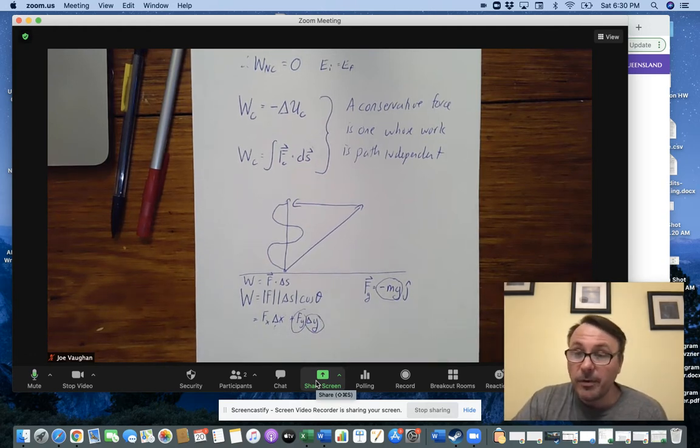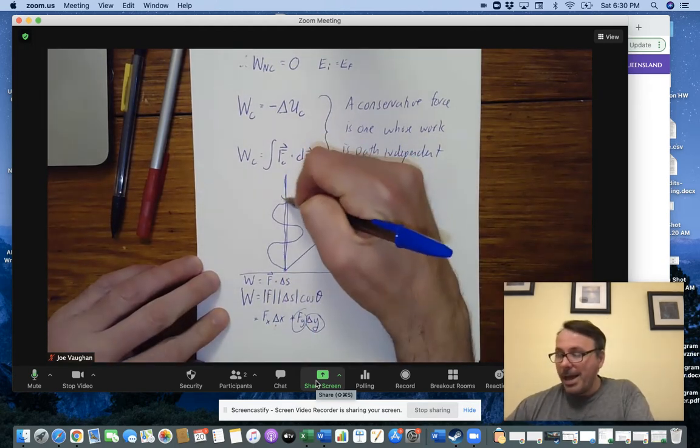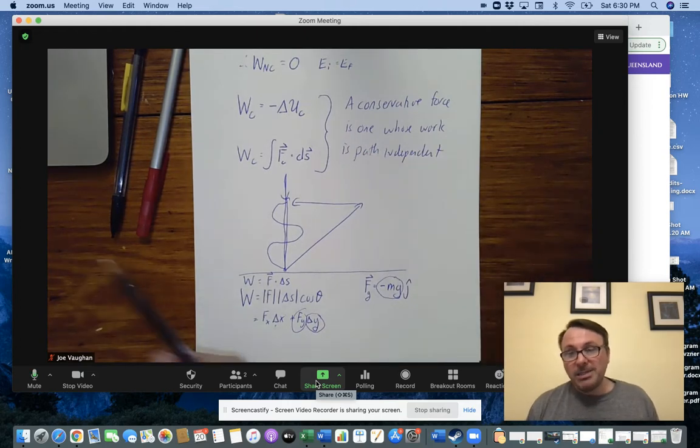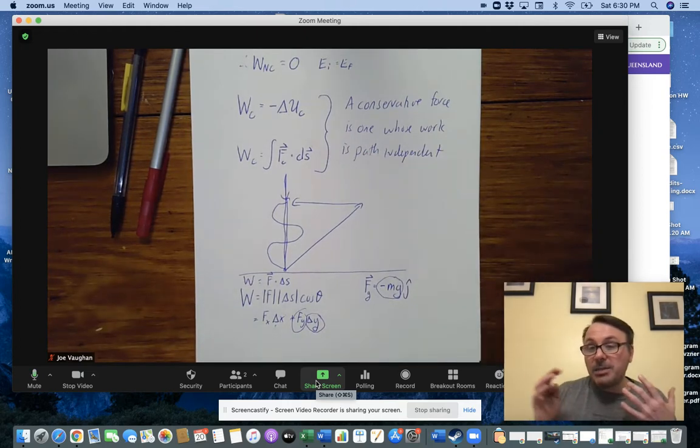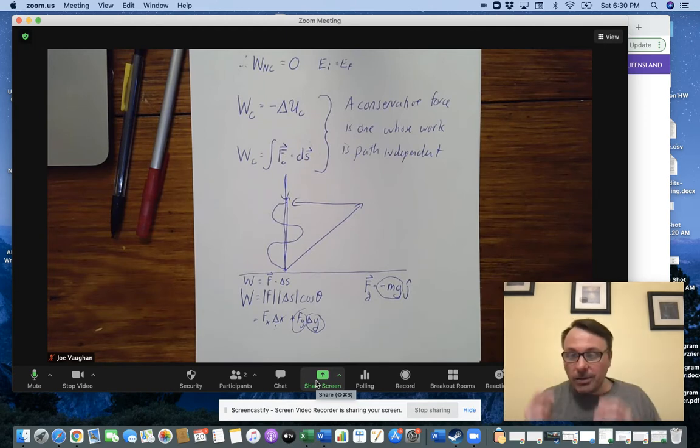Very specifically, the vertical displacement, not the vertical distance traveled. So even if I overshoot it and come back, it doesn't matter. All it cares about is the beginning and the end state. And that is because the relationship between the direction of the force of gravity and the magnitude of the force of gravity is invariant. It doesn't change. And therefore, I don't really have to worry about that.